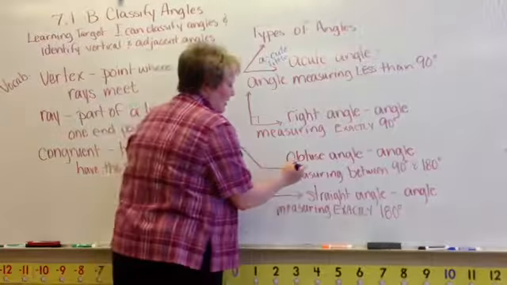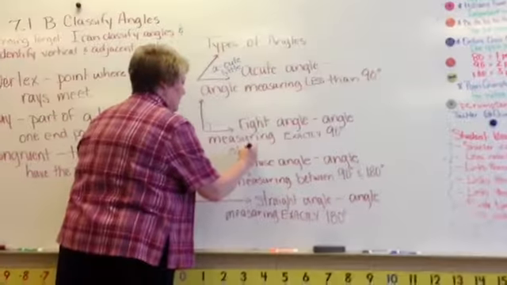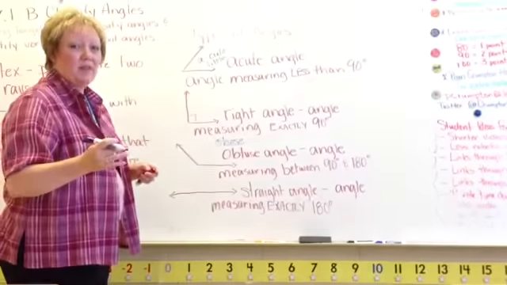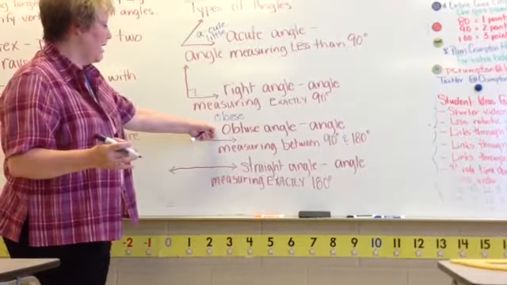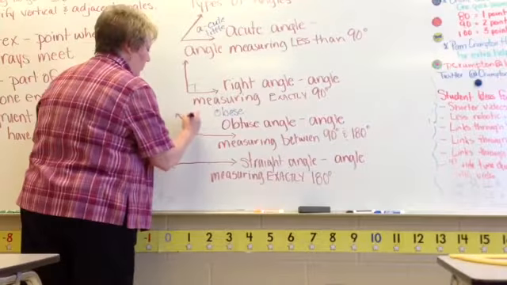I like to associate this word obtuse with a word that none of us like, called obese. And when somebody is obese, that means they're big. So an obtuse angle means that we have a big angle.